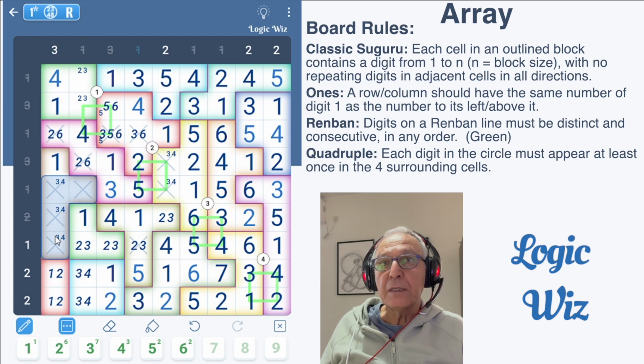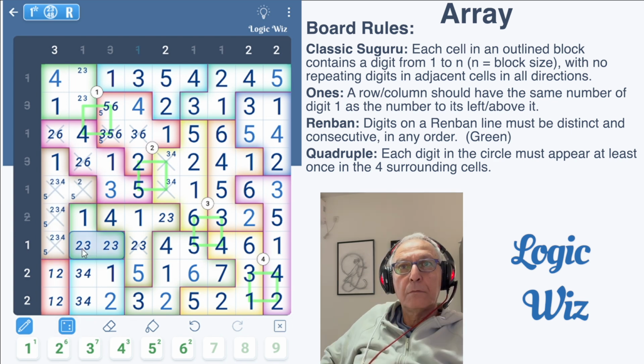5 here can go in all of them. And 2, oh, silly. 3 must be here. This one can no longer be a 3. It must be 4.